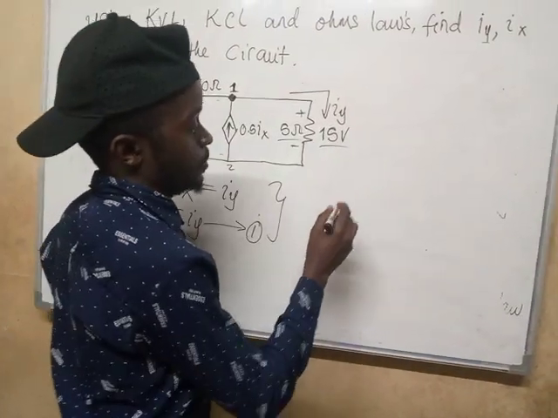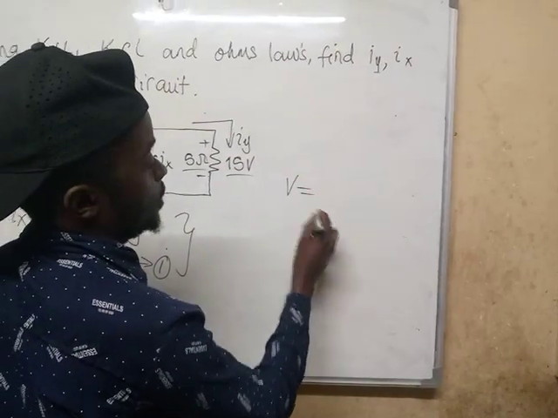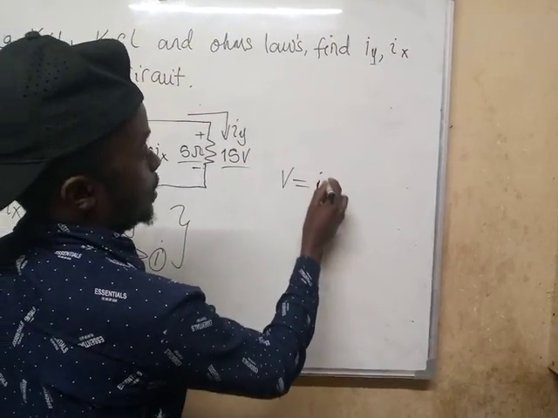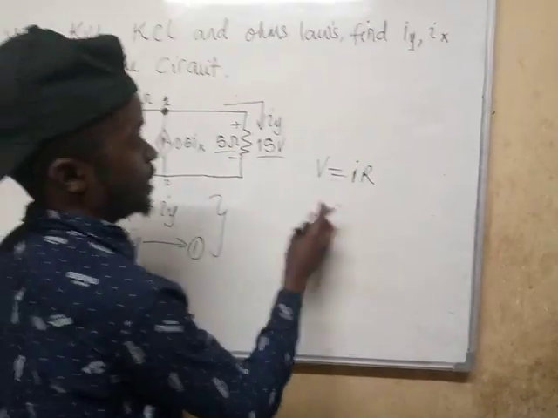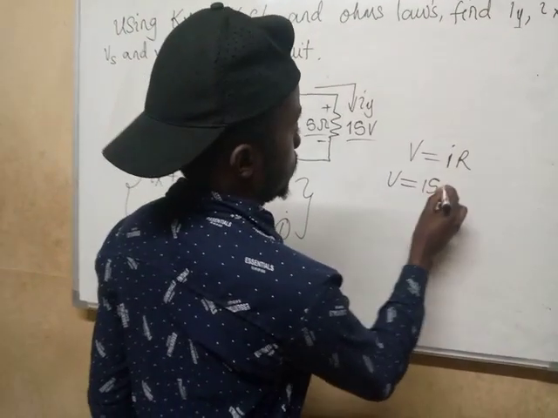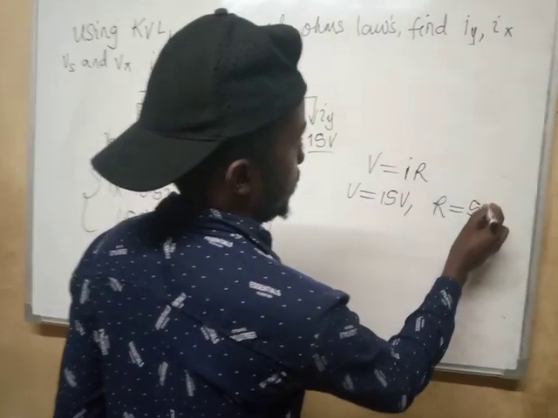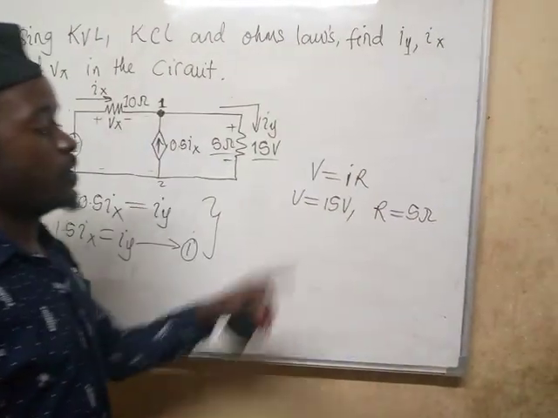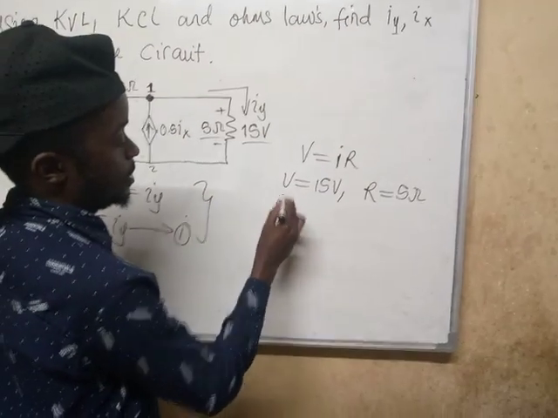Ohm's law is a relationship of voltage, current, and resistance. From the data I've been given, I have the voltage of 15 volts and the resistance of 5 ohms. So it is now possible to come up with the current.